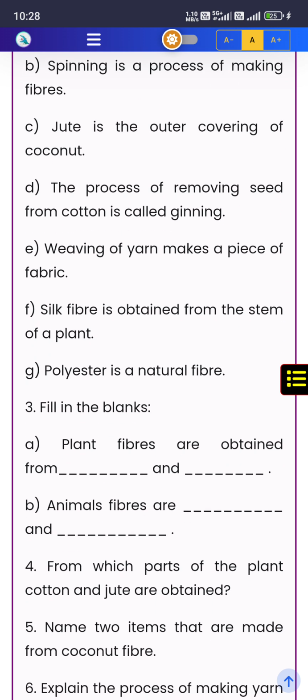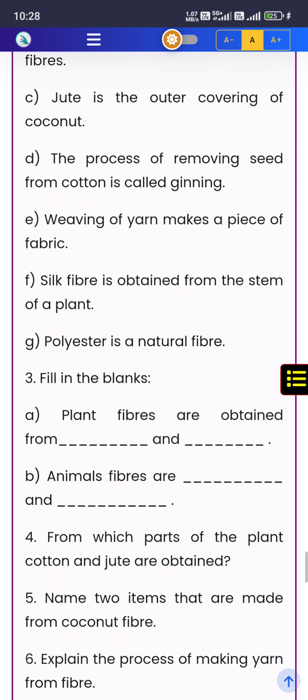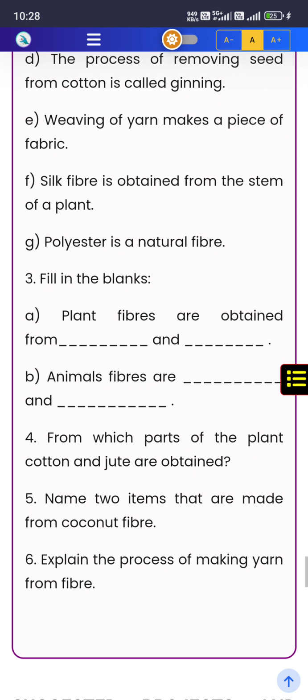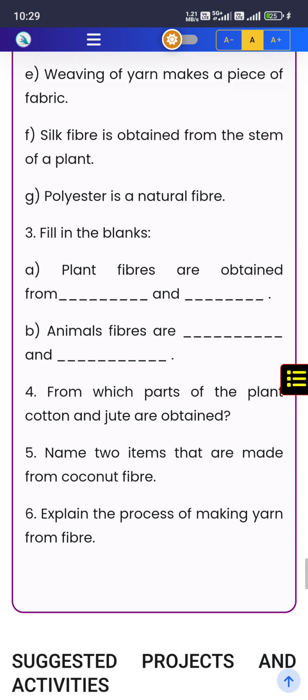Silk fiber is obtained from the stem of a plant. False. Polyester is a natural fiber. False. Plant fibers are obtained from plants and their roots. Animal fibers are wool and silk.